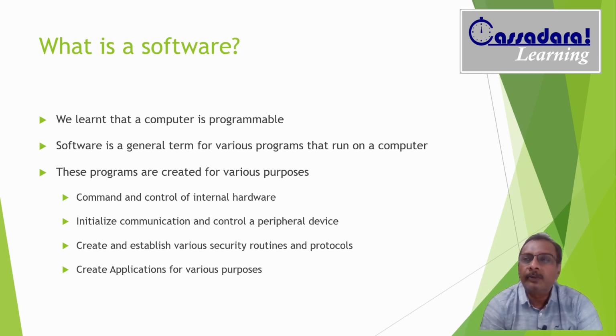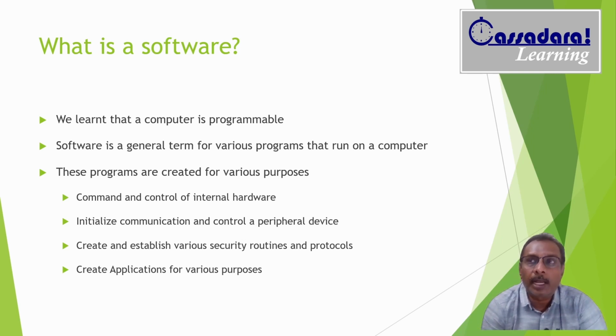So we already know about some software, but I'll explain what are the types of programs that we create and for what purposes. Programs are created for various purposes. So the first one being the command and control for the internal hardware, right? We saw something called an operating system, and we call that a software as well, right?